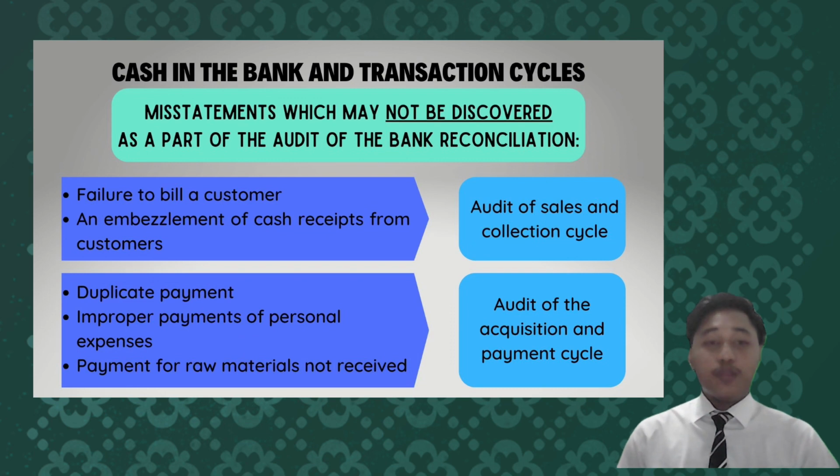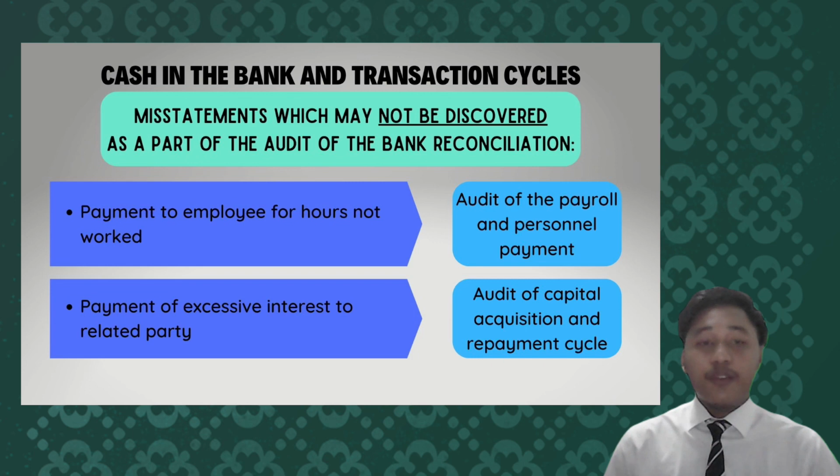Next, the duplicate payment, improper payment of personal expenses, and payment for raw material not received. This type of misstatement can be found when the auditor audits the acquisition and payment cycle.